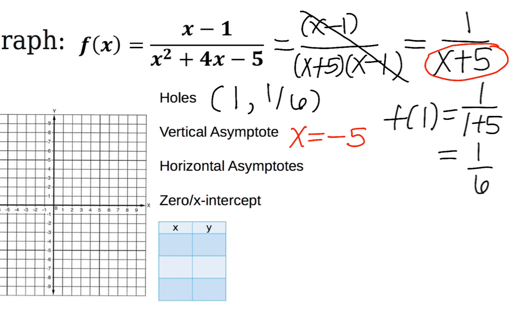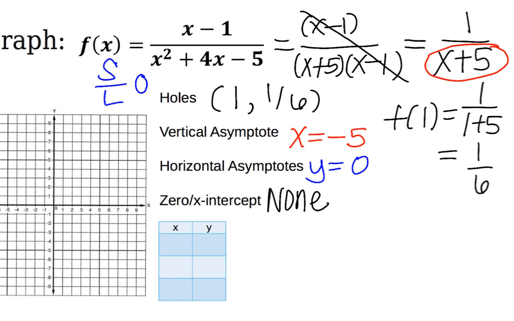In our original function, we have our degrees being small over large. So we have an asymptote at y equals 0. Remember, slow. So our horizontal asymptote is going to be at y equals 0. And for our 0 or x-intercept, we have nothing left in the numerator after our hole cancels. So we're not going to have any 0 or x-intercepts. So we have none there.